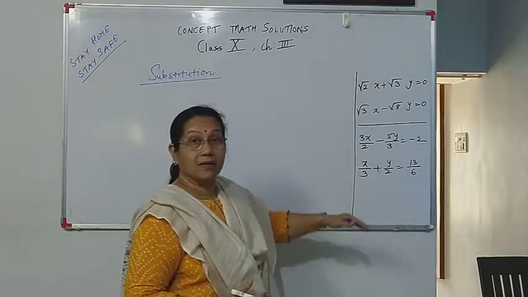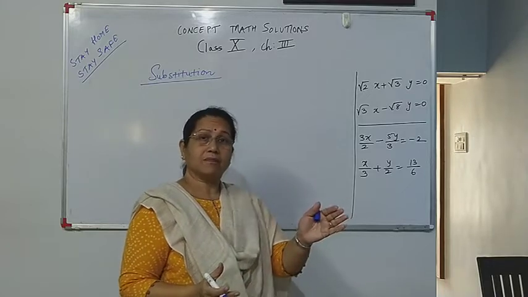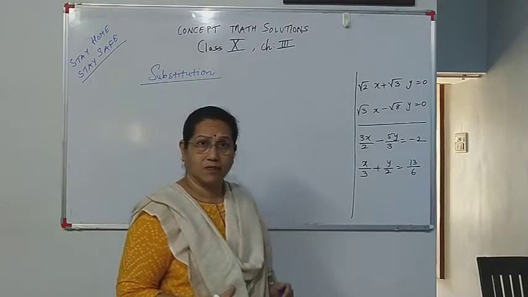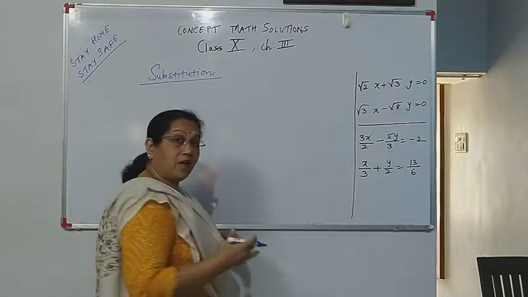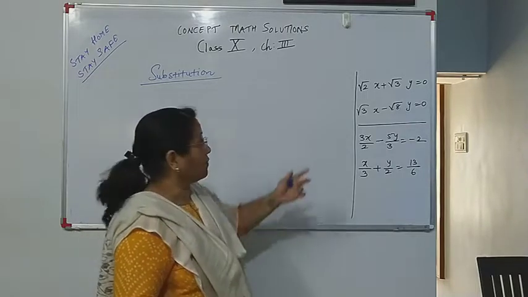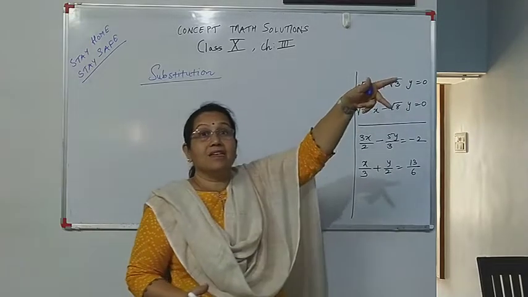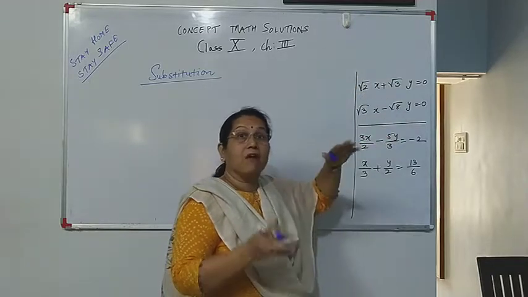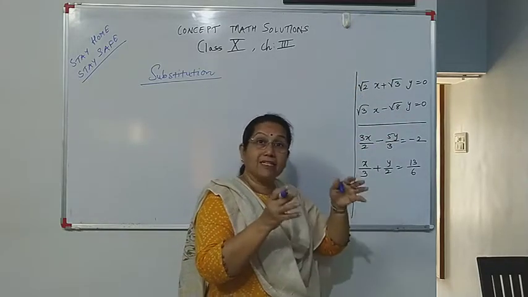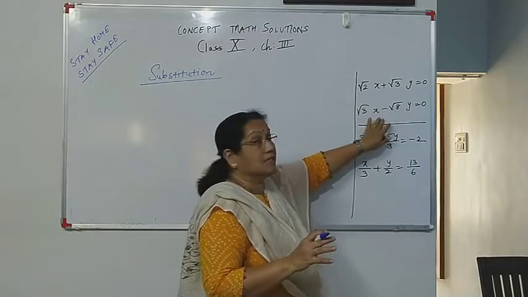In the same manner, we are going to substitute either x in terms of y or y in terms of x and find the solution for the two equations. These two equations are simultaneous linear equations. They will have a unique solution, that is the value of x and value of y, which will satisfy both these equations.